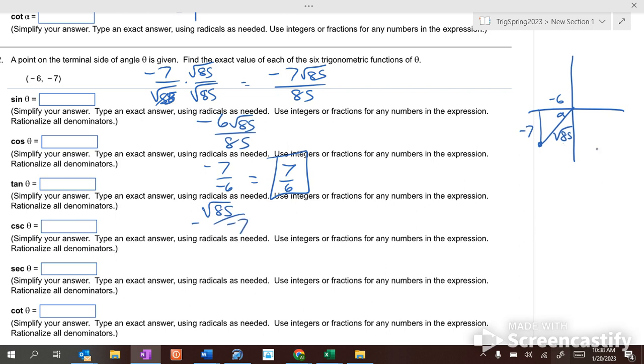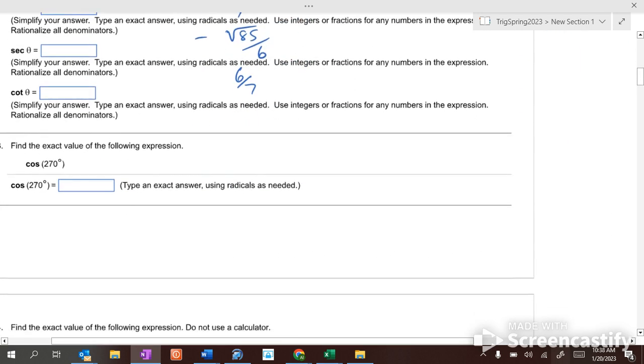Hypotenuse over opposite. Yeah, it's just a negative up front. Positive over negative is a negative. Okay? Secant would be negative square root of 85 over 6, and this would be 6/7. Okay? You'll have a couple problems of review from yesterday.